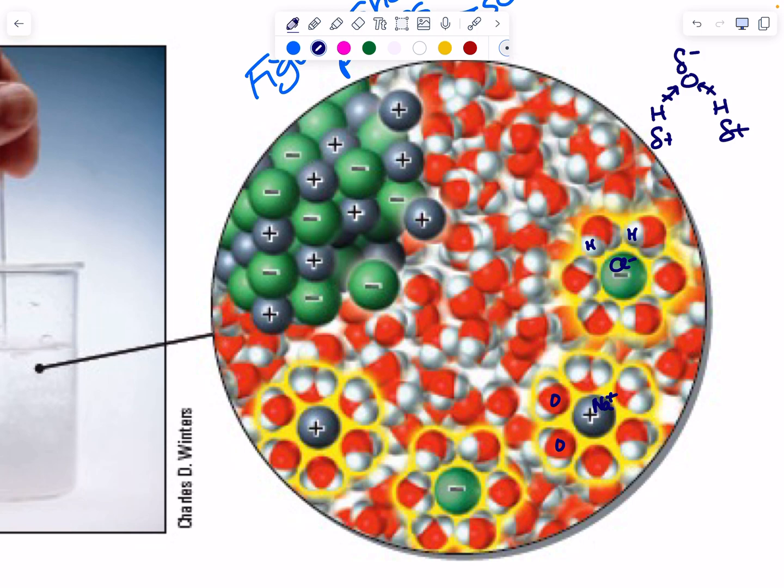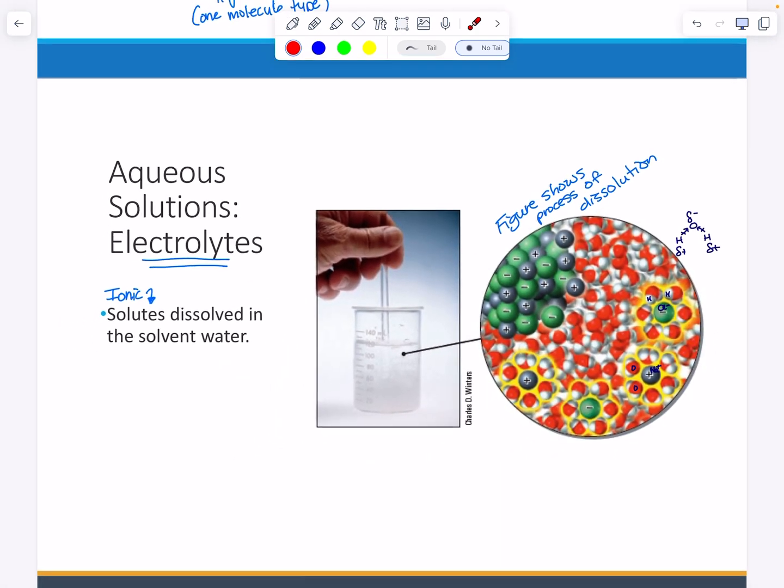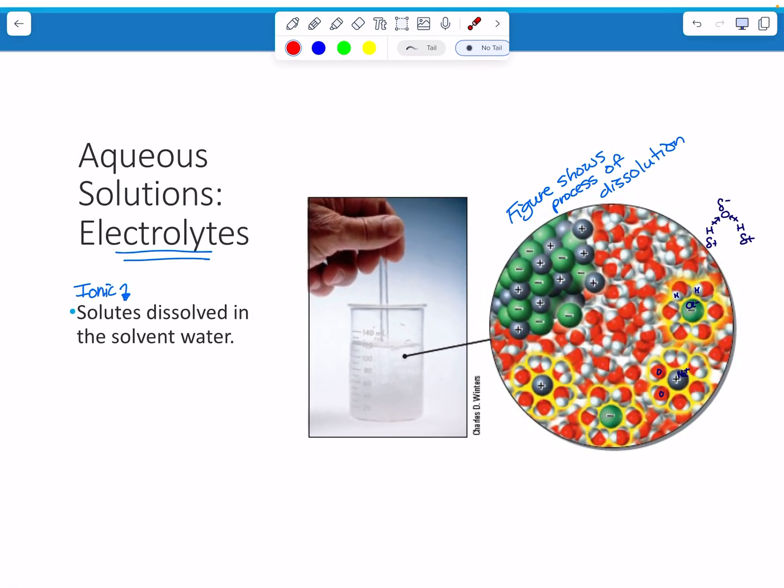So you can have favorable charge interactions between the positive end of the molecule and the anion in our ionic solute, and the cation is going to have favorable interactions with the oxygen, the negative end of the water molecule. That's one of the reasons why we get things dissolving in aqueous solution.